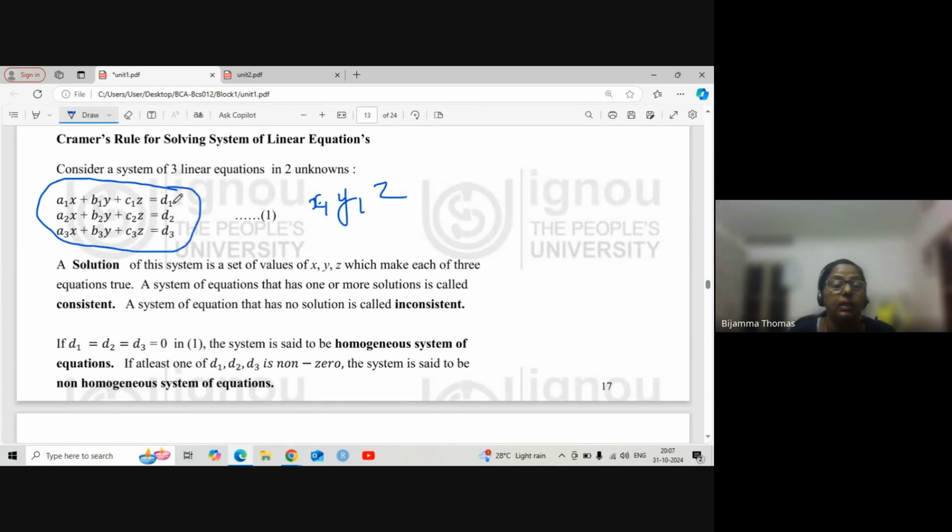A solution of the system is a set of x, y, z which makes each of the three equations true. A system of equations that has one or more solutions is called consistent. When the system has a solution, we say the system is consistent. Otherwise, the system is inconsistent.